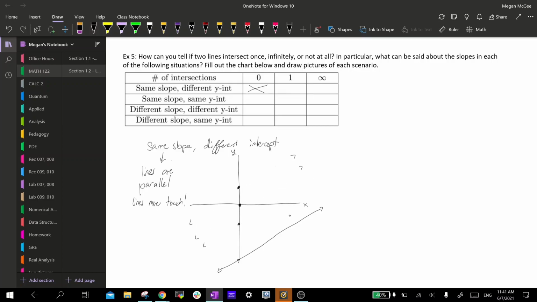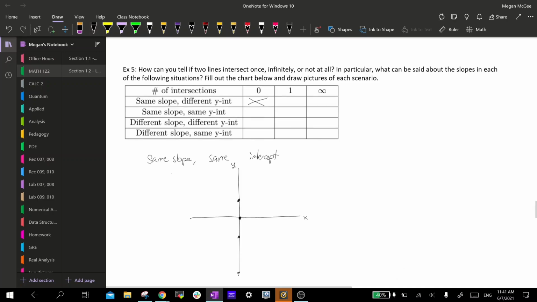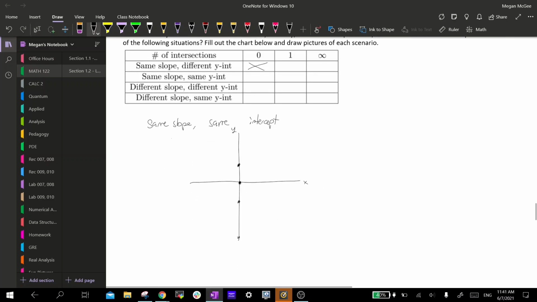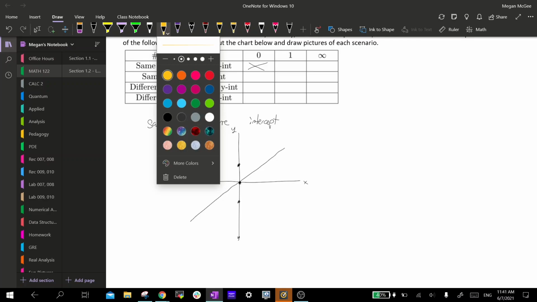So, now we're going to look at same slope, same intercept. What does that mean? So same slope and same intercept. Okay? So again, we'll leave our y is equal to x here as our typical line. I'm going to take yellow now.